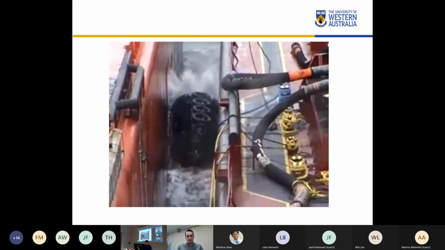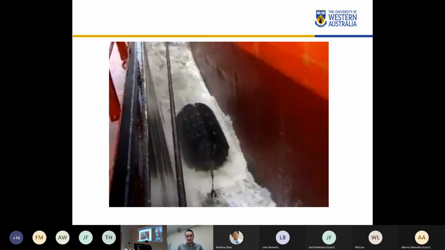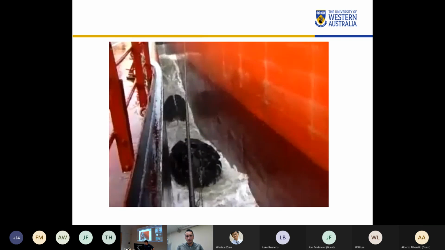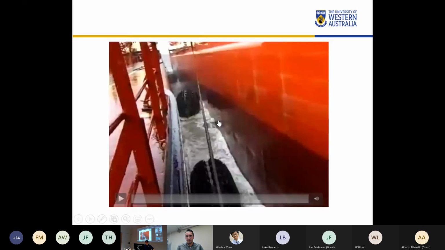What you can see here is very strong resonant waves inside the two vessels. The video is not as smooth as it is supposed to be, but it shows waves propagating along the gap between the two vessels.